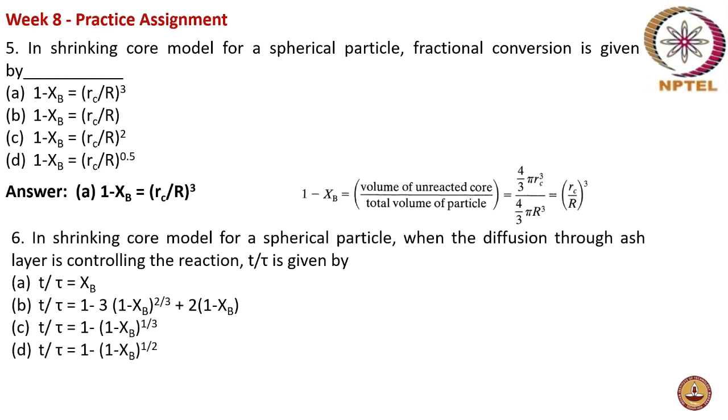The next question: in the shrinking core model for a spherical particle, when the diffusion through the ash layer is controlling the reaction, T by tau is given by, is it A, T by tau is equal to xb, or is it B, T by tau is equal to 1 minus 3 into 1 minus xb power 2 by 3 plus 2 into 1 minus xb, or is it C, T by tau is equal to 1 minus of 1 minus xb the whole power 1 by 3, or is it D, T by tau is equal to 1 minus of 1 minus xb the whole power half? Which of these is the right option?